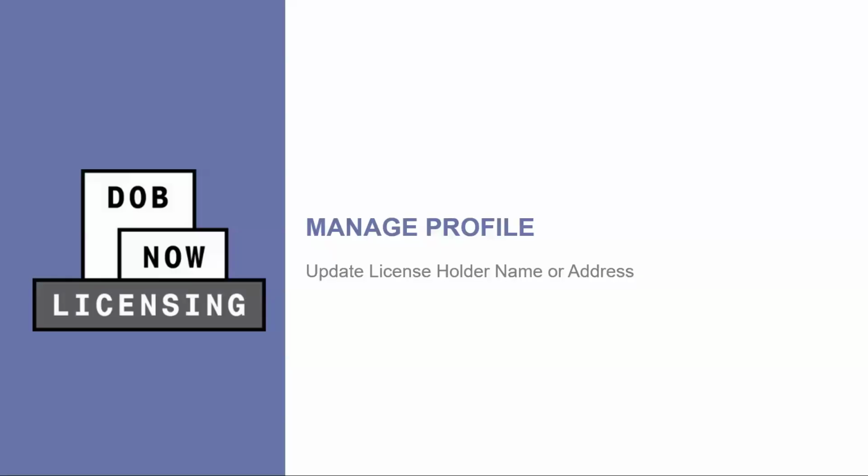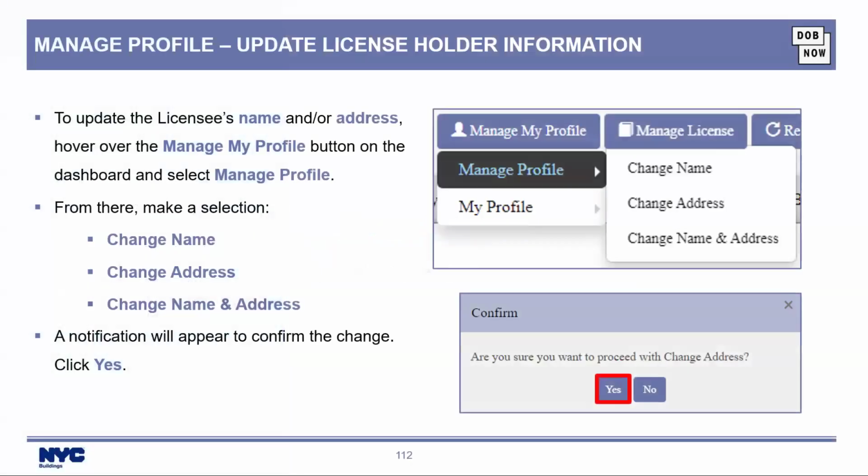All right, so moving on along, we're going to talk about how to update the license holder name or address. So to update the licensee's name and or address, you're going to hover your mouse cursor over the Manage My Profile button on the dashboard and then select the option to Manage Profile.